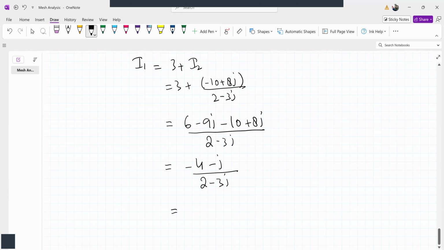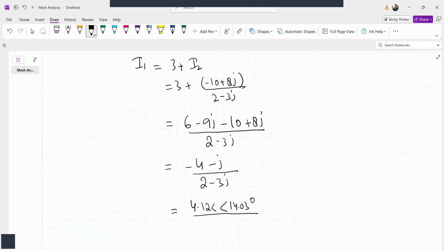So I1 you can write in polar form as 4.12 at an angle of 194.03 degrees.